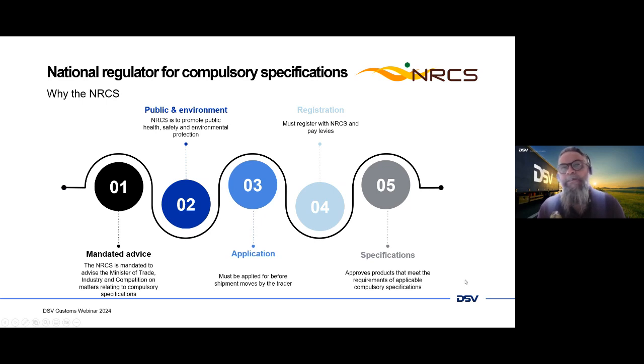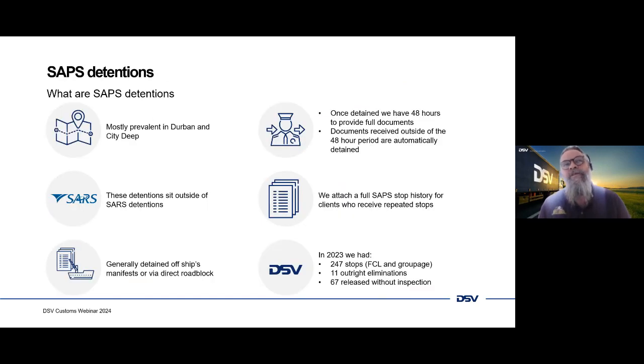They are also obviously continually sharpening the saw, and thus new compulsory specifications could be around the corner. One never really knows. The other government department, who we also classify as another one of the enforcement type organizations that potentially can take or detain your cargo, is the South African Police Services.